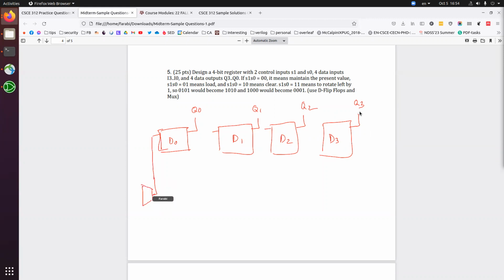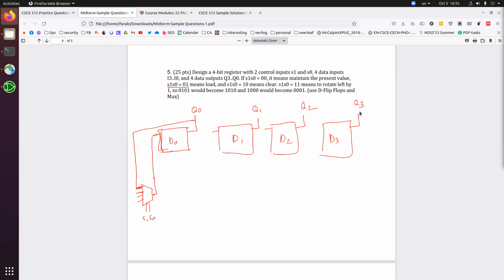This mux has 4 inputs and only 1 output based on 2 selector values. If the selector values are 0, 0, then this line should be selected and that should hold the previous one. So the previous value of Q0 is held if S1 S0 is 0, 0. That's what 0, 0 means: hold, maintain the present value.